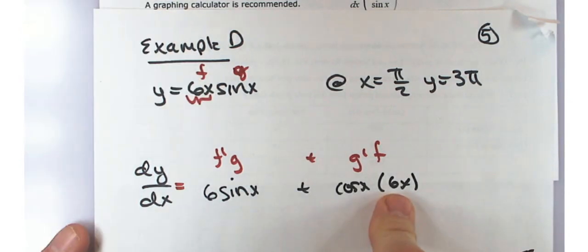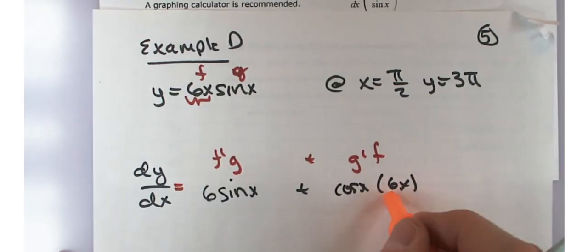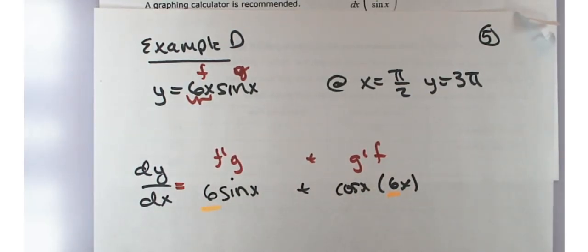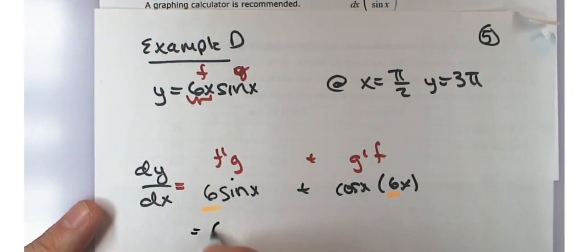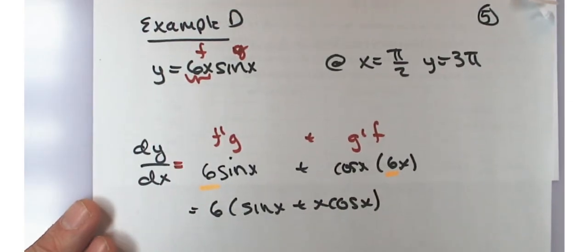Now, I prefer to put that 6x out in front here so that I don't mistake these and try and multiply them together somehow. Or, in fact, there's a greatest common factor here, right? 6. Let's take that out in front. So it's going to be 6 times sine of x plus x cosine of x. Looking good there.